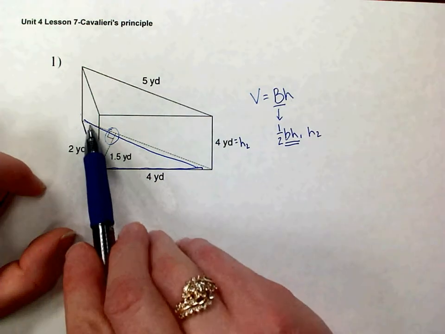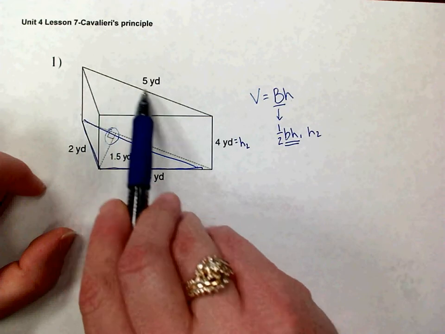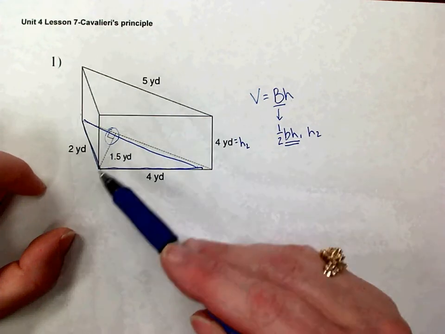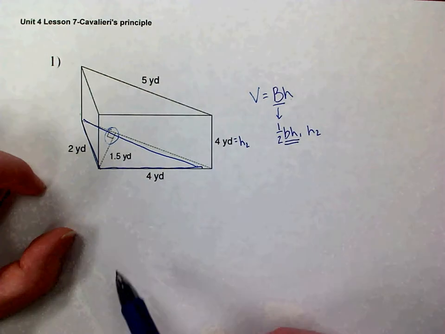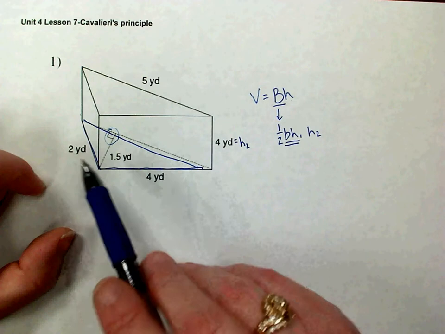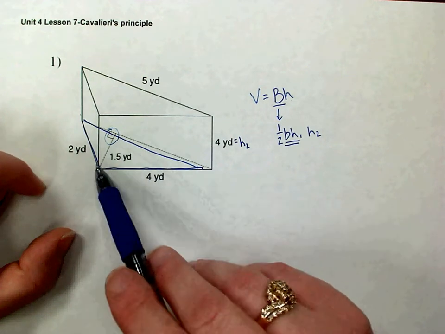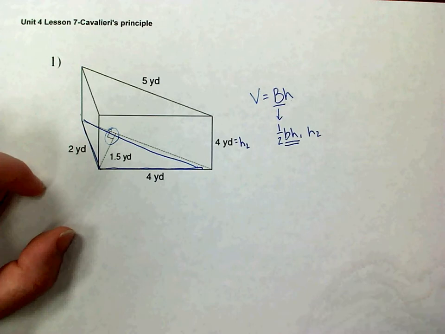So that means this side of the triangle is going to be the base, which we're given up here to be 5 yards. And so the segment that's perpendicular to it that we have labeled as 1.5 yards is the height. So you should have used the 5 as the base, the 1.5 as the height, and then the 4 yards for the height of the prism.